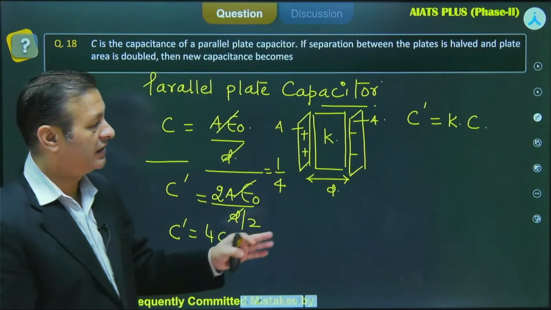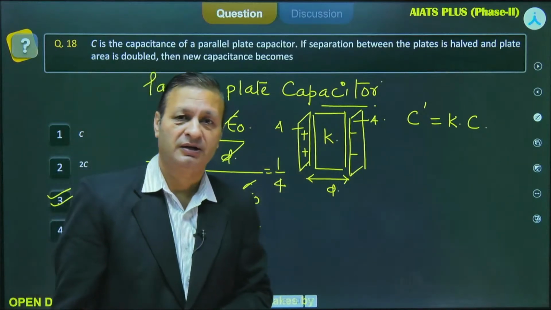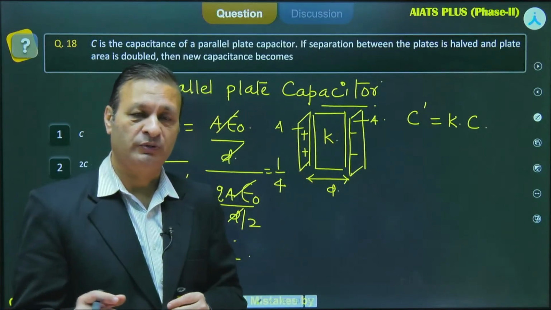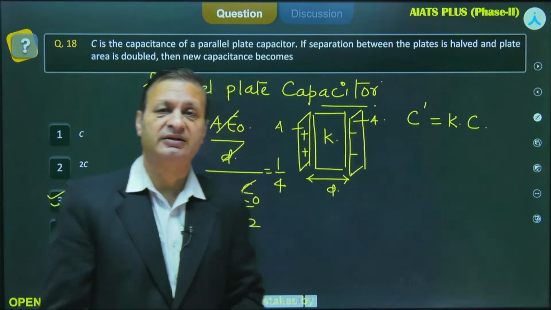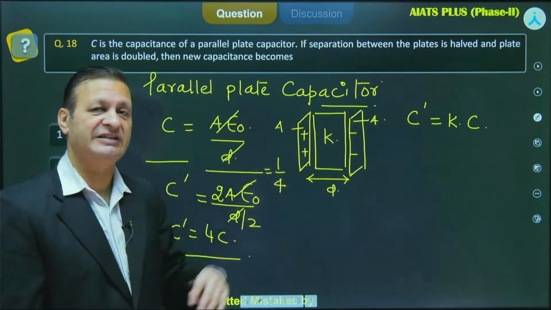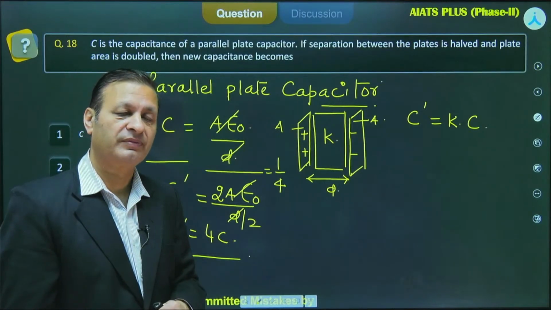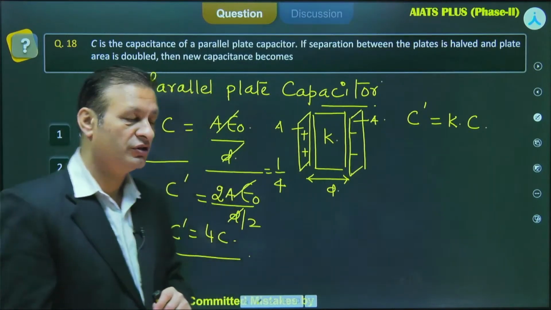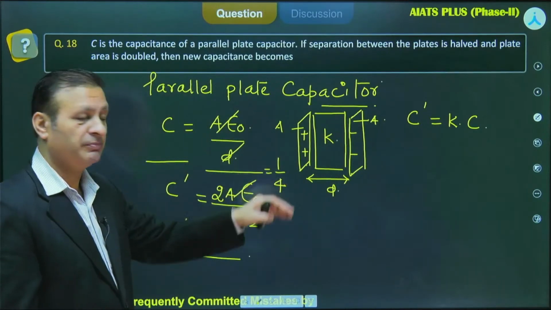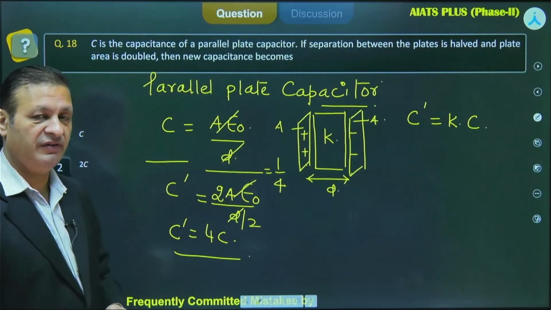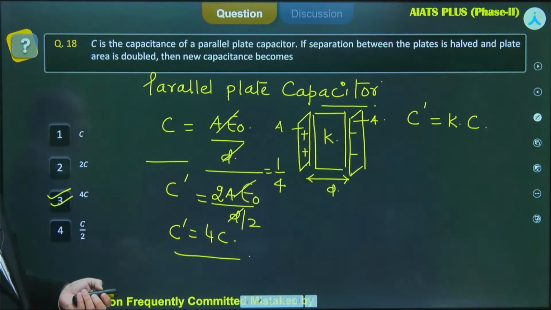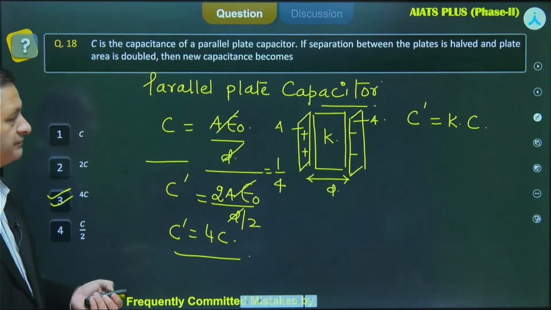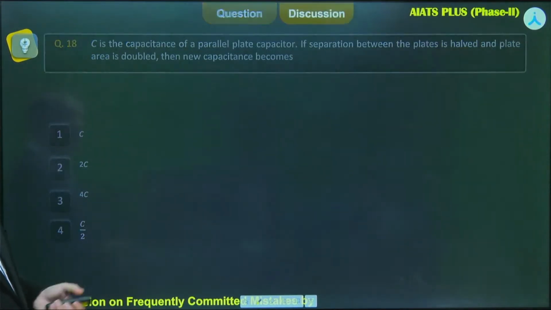So if you fill the gap between the two plates with a dielectric, the new capacitance gets increased by a factor K, where K is the dielectric constant. This is something more to this concept. Shall we move? Any doubt you have, you can ask. Shall we? Thank you. So I'm moving ahead.